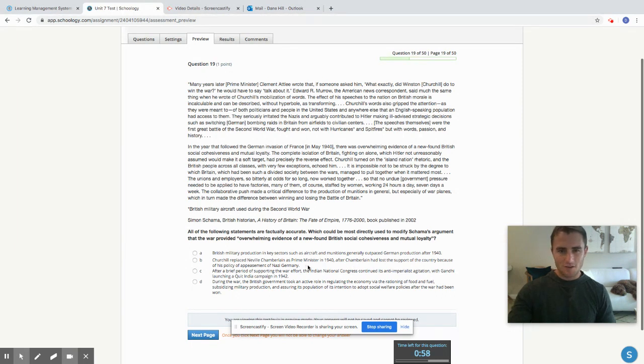Again, not going to modify the argument. After a brief period of supporting the war effort, the Indian National Congress continued its anti-imperialist agitation, with Gandhi launching the Quit India campaign. That's going to modify the argument because India is controlled by Britain. And right after the war, India is going to say, we want to be independent, right? They're going to continue their anti-imperialist sentiments. So C on that one.